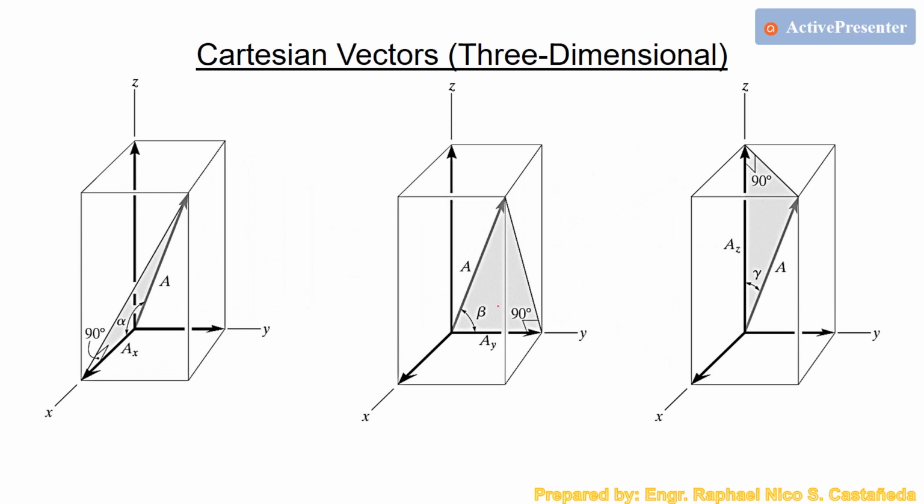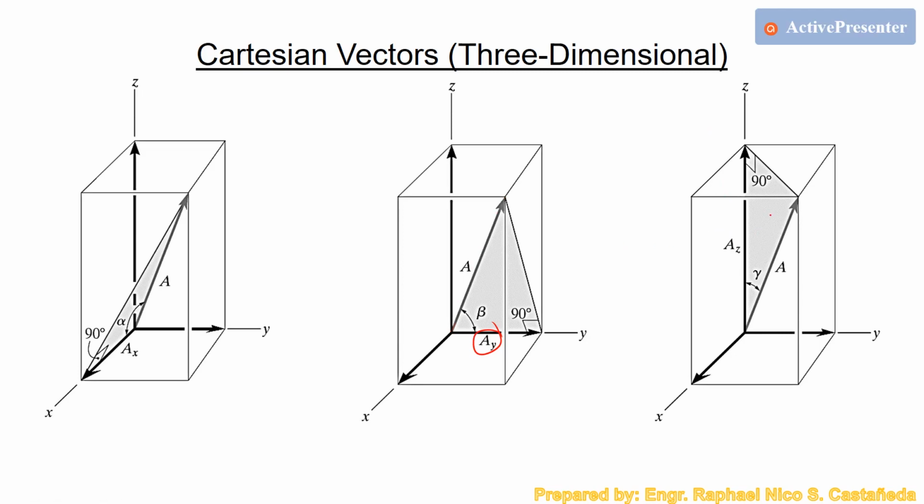Next is how do we determine or express the components Ax, Ay, and Az in terms of the magnitude of the vector itself, vector A, and its direction angle. To do that, we just illustrate the right triangles that are formed from the components and vector A itself.